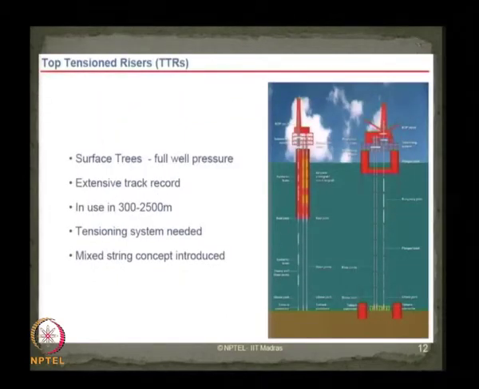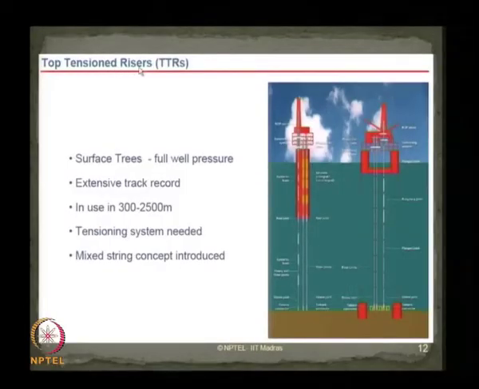Let us now see quickly what we understand by top tension risers, briefly referred to as TTRs. Essentially, top tension risers are provided with surface trees with full well pressure. They have an extensive track record of being successfully deployed in various operational platforms in the Gulf of Mexico.